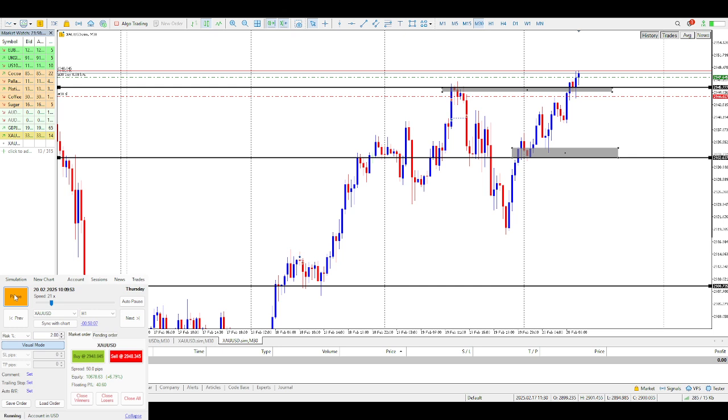I want to close part of this trade, or I should wait for that M15 time frame to close.